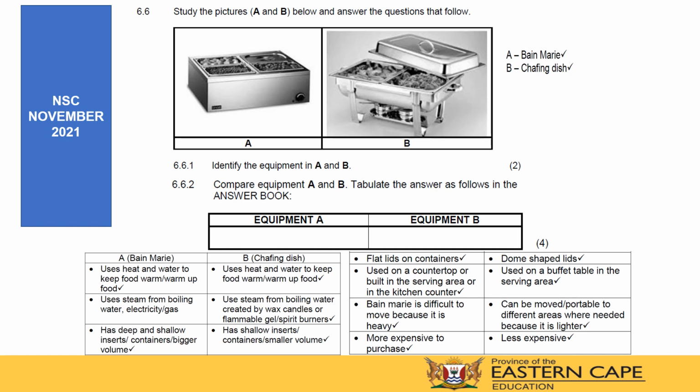And then the bain-marie is difficult to move because it is heavy, and then the chafing dish can be moved. It is portable. You can take it to different areas where it is needed because it is lighter. And then the bain-marie is more expensive to purchase, whereas a chafing dish is less expensive to purchase.